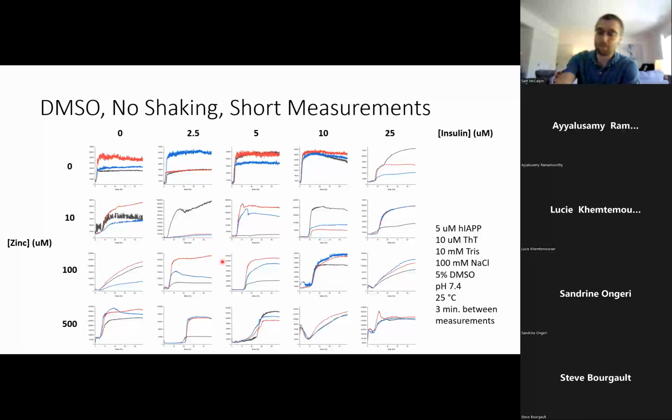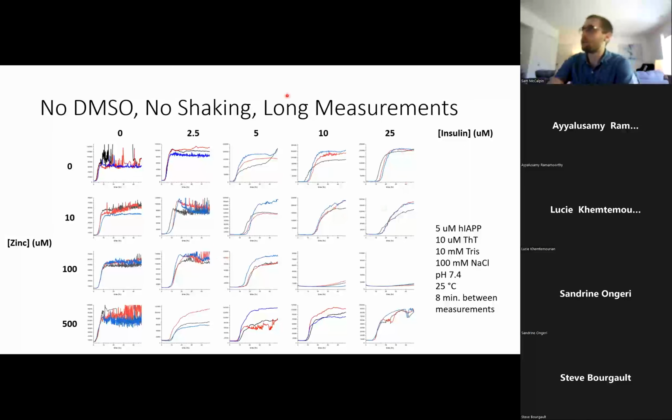So I wanted to try something else. We came across Dr. Bourgault's paper about the measurement frequency, which I was really happy to read because that's not something I ever would have thought about before. It turns out that increasing the interval between the measurements seems to have a pretty dramatic improvement on the reproducibility of the shapes of these curves.